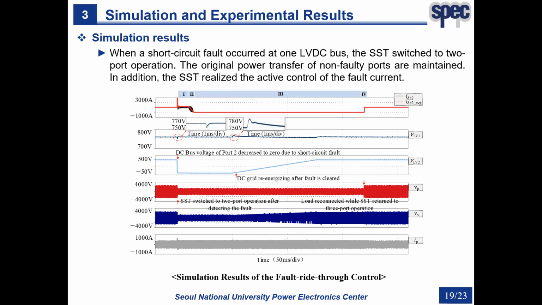After the fault was cleared, the DC grid of port 2 was re-energized by the SST, and its bus voltage returned to the nominal value. After that, the load was successfully reconnected and the system restored to normal operation.